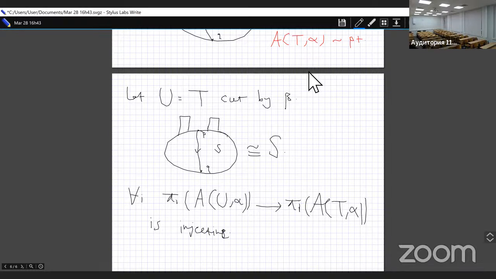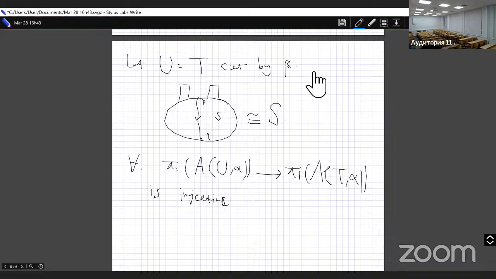Right, because the right group is 0, and to show that this one is 0, I need to show it's injective.